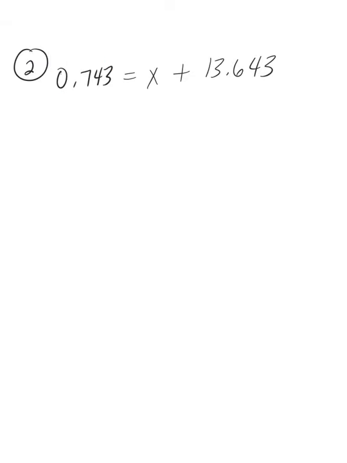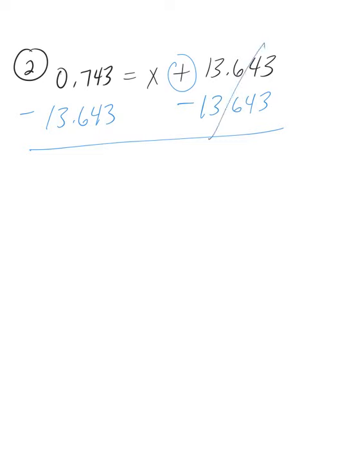Is 0.743 equals x plus 13.643. So you have a plus sign. How do I get the x by itself? You subtract 13.643. This cancels out on this side. x is over here by itself, you bring down your equal sign.